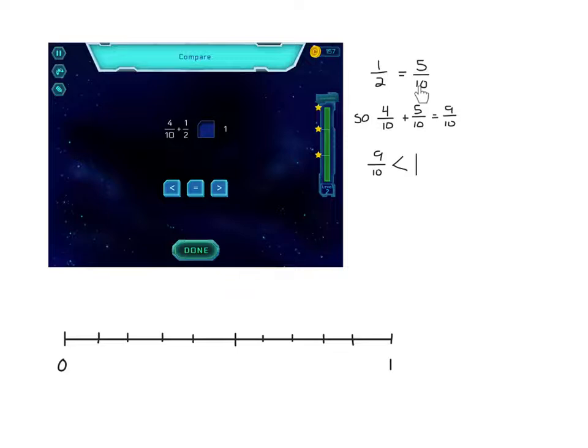This has a common denominator with 4/10. So I can think of it like this. 4/10 plus 5/10 is equal to 9/10. And 9/10 is less than 1 whole. Notice my number line, I broke it up into 10 equal parts. 9/10 would be right here. That is less than 1 whole. So I would choose this symbol to move in.